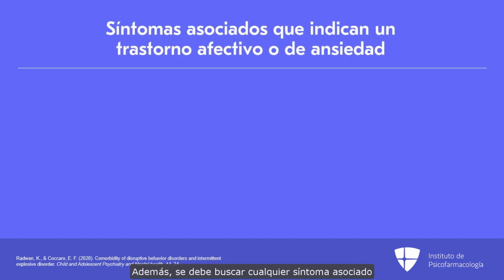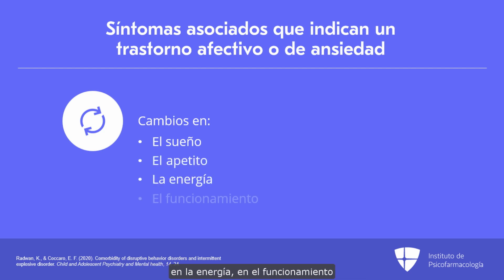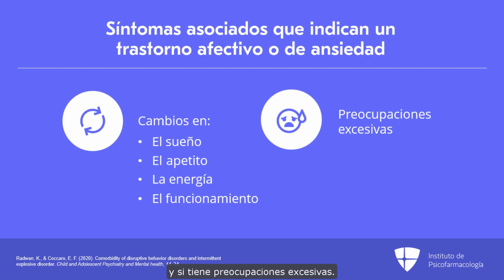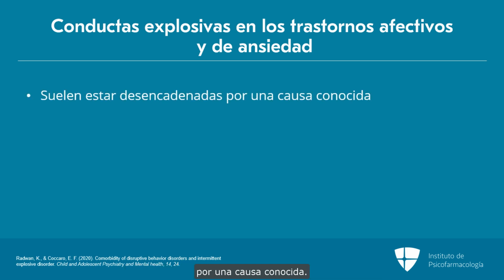In addition, you would also look for any accompanying symptoms that might suggest a mood or anxiety disorder. For example, changes in sleep, changes in appetite, changes in energy, changes in functioning, and any excessive worries. In mood and anxiety disorders, explosive behavior is often triggered by a known cause. That known cause may still not warrant the explosive behavior.